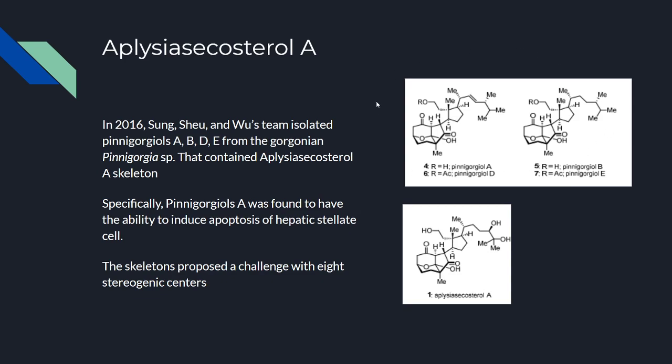As we can see with this picture right here, the skeleton resembles the Aplysiasecosterol A skeleton. Specifically, Penigorgiol A was found to have the ability to induce apoptosis of hepatic stellate cells, which are just fat-storing liver cells. So that was very interesting, and the team saw the challenge with this compound and therefore reported the first asymmetric total synthesis of Aplysiasecosterol A.